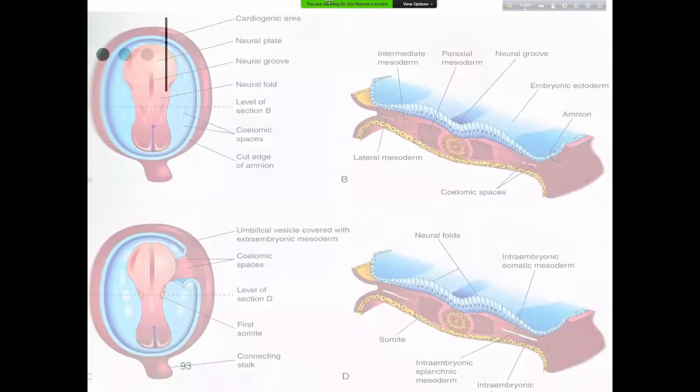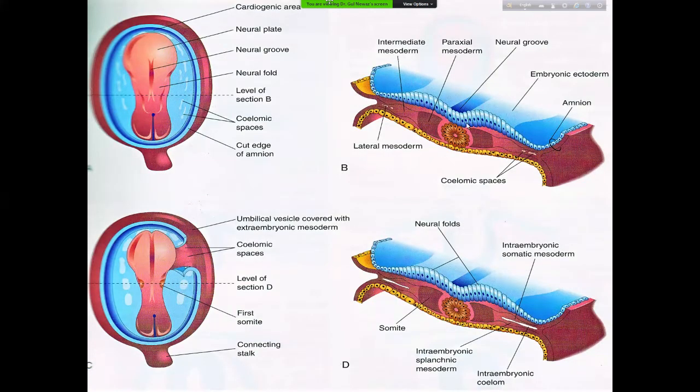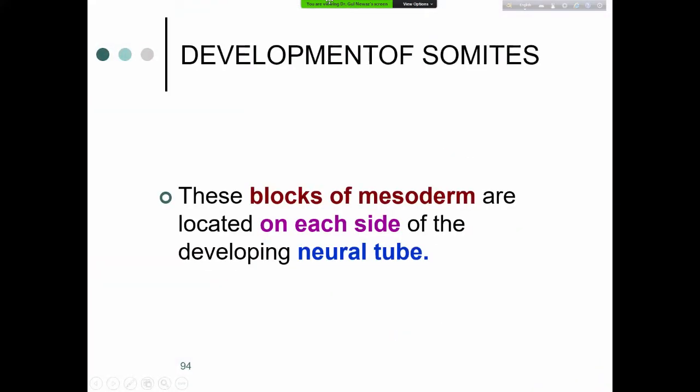Let us see. Here the paraxial mesoderm, when it differentiates into cuboidal bodies, one after another, we call it a somite. These blocks of mesoderm are located on each side of the developing neural tube. So a block of paraxial mesoderm becomes cuboidal in shape, one after another like bricks.